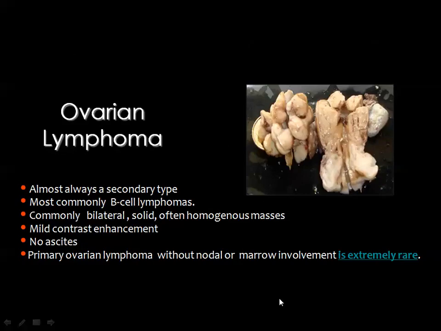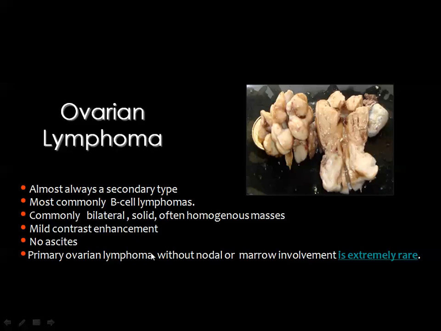And ovarian lymphoma is always a secondary type, and most commonly of the B cell non-Hodgkin type. Bilateral involvement is more common. If you remember what I mentioned regarding the Krukenberg tumors of the ovaries, they are usually bilateral, usually solid, homogeneous, and relatively smaller than the primary ovarian carcinomas.